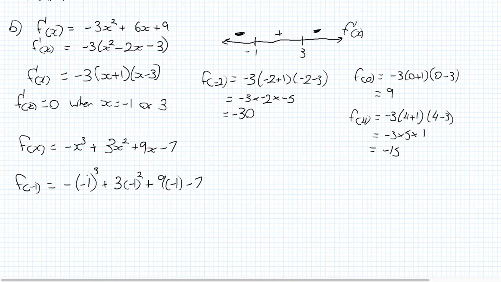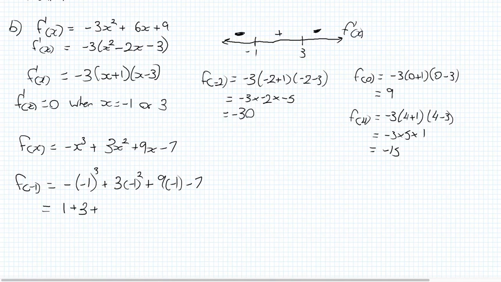Minus 1 times minus 1 is plus 1, times minus 1 is negative 1, and the negative makes it a positive 1, plus minus 1 times minus 1 is positive 1, times 3 is 3.